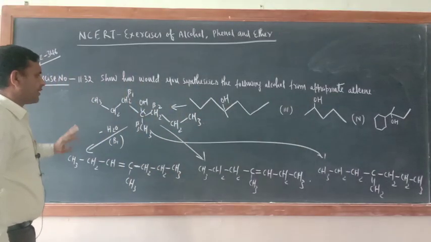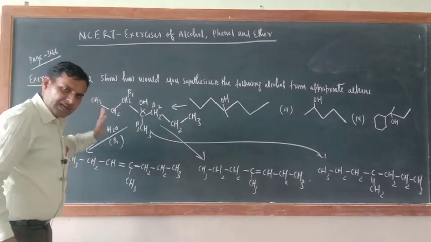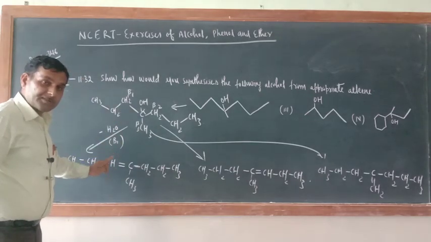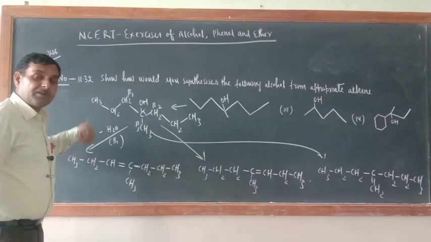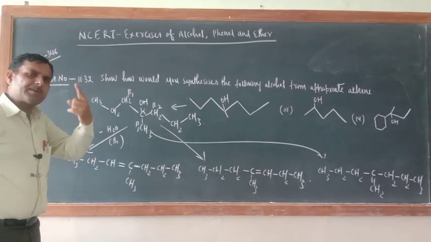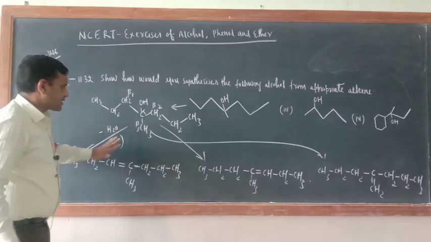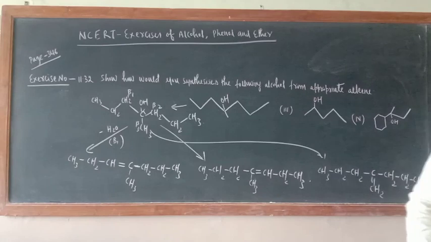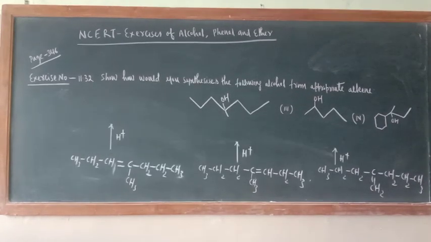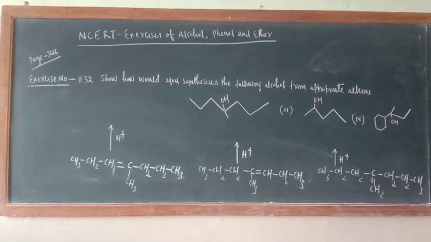Now go back, you have got the alkenes. The question is, which is the most appropriate alkene? So hydration of alkene should be there. Just remember the first step. Now just see, I will rub this one. Okay. Now add the proton.